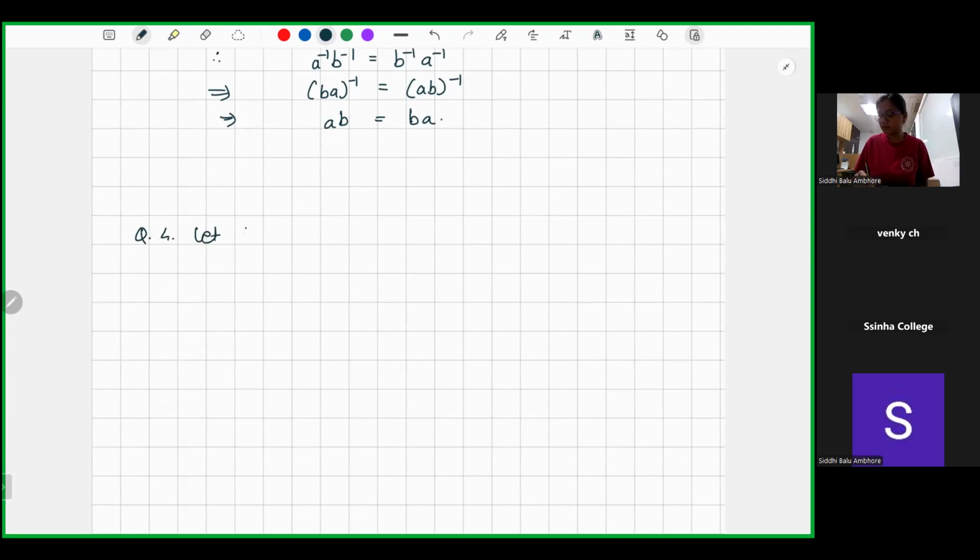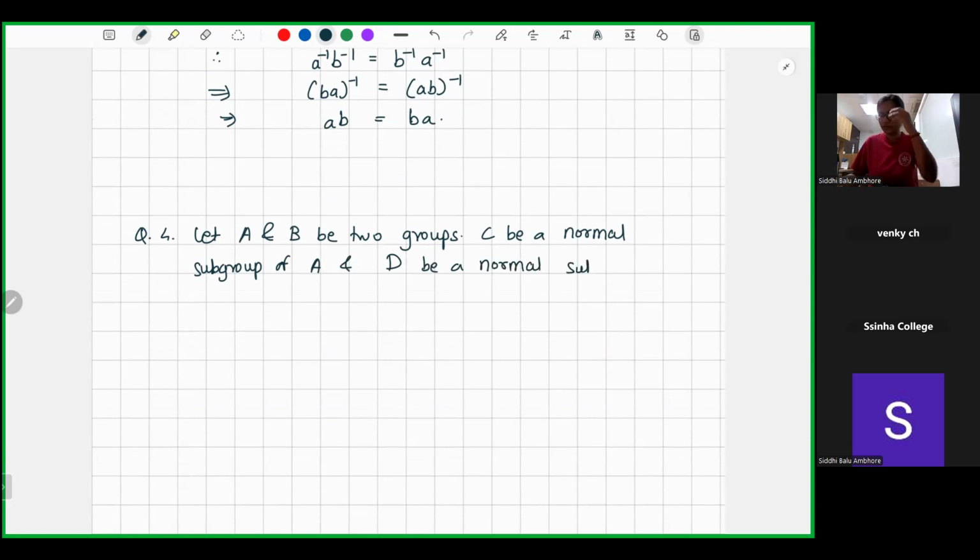So let A and B be two groups, C be a normal subgroup of A, and D be a normal subgroup of B. Which of the following are correct?